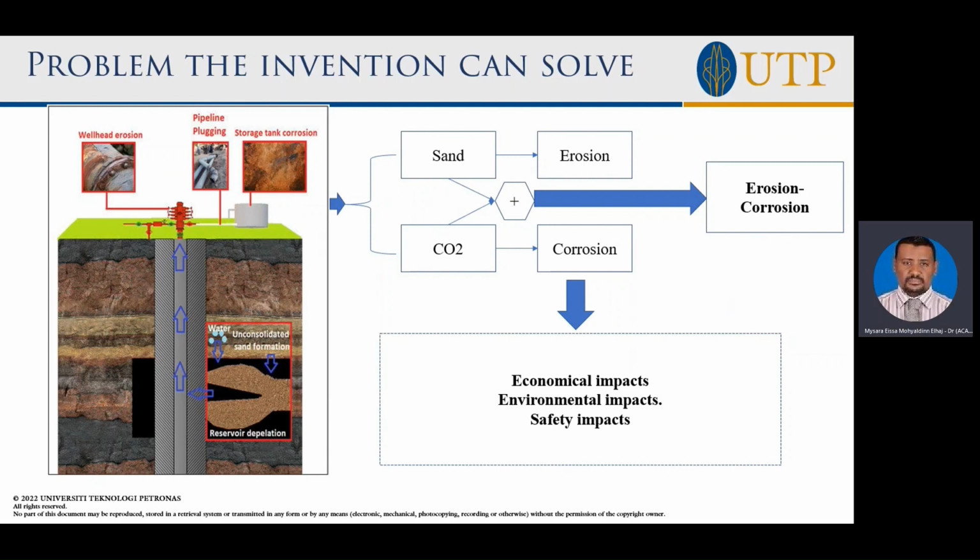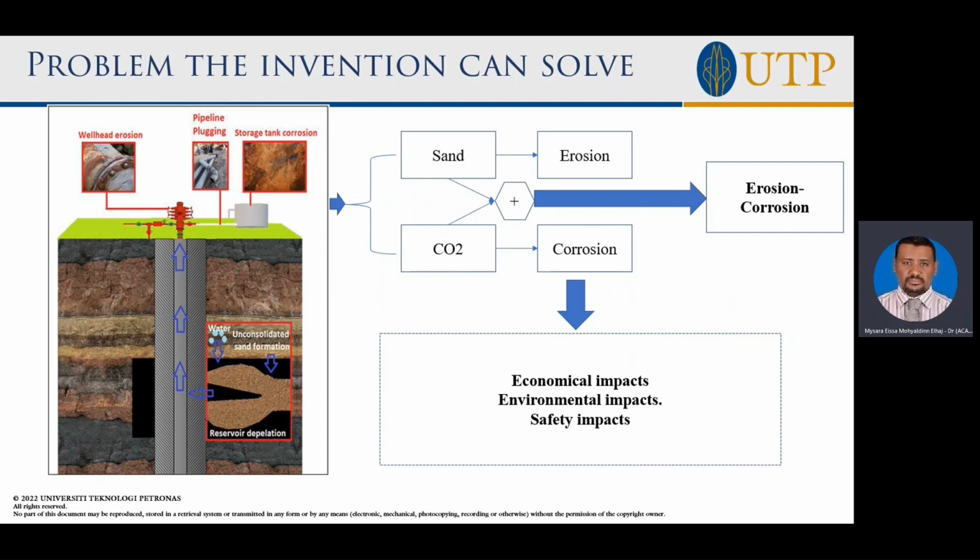When we are producing sand from unconsolidated reservoirs, and if there is some amount of CO2 present in the produced oil or gas, the action of these sand particles with the CO2 may lead to erosion corrosion.